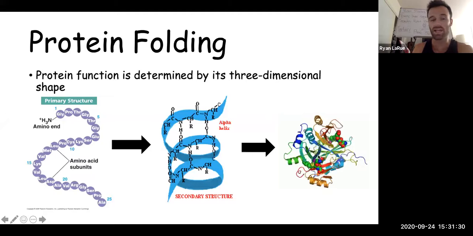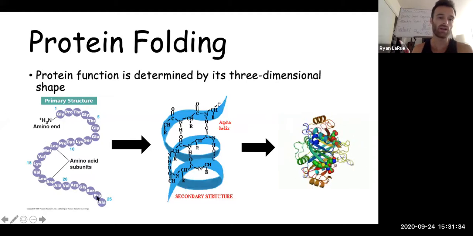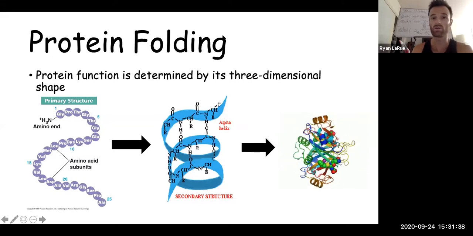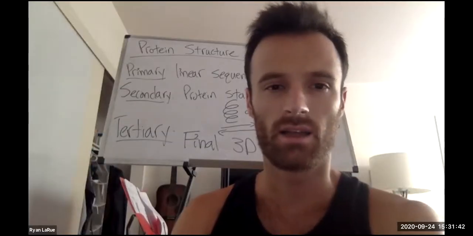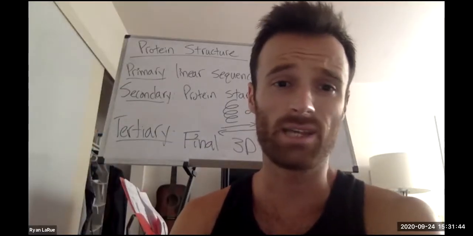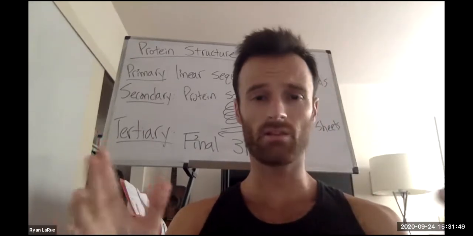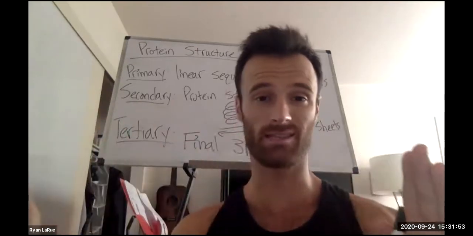And again, what determines that shape is that order and arrangement of the primary structure, how long it is and which amino acids we chose in what order. And obviously, there's so many different possibilities. Some crazy number, because let's say in 100 amino acids, 20 different options for each amino acid.